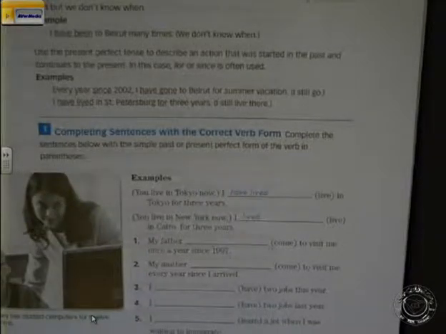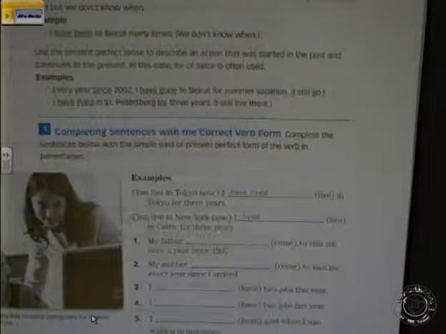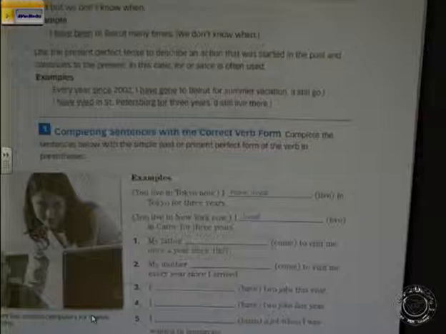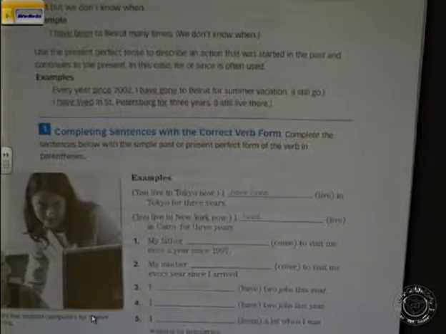This type of question is expected on most tests in English, especially beginners courses. So you're asked to complete the sentences below with the simple past or present perfect form of the verb in parentheses. Parentheses means the two bent lines around the word.